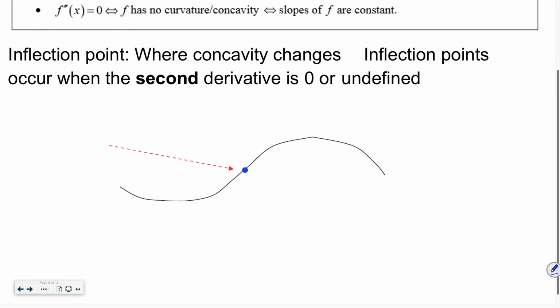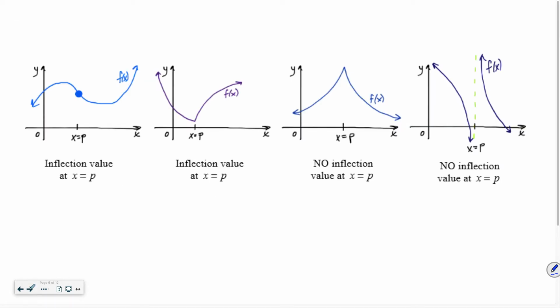Like x cubed, it has a critical point, but it did not turn out to be a minimum or maximum. Same thing, we could have places where our second derivative is 0 or undefined, but that doesn't mean it's going to be a point of inflection. So like we did yesterday, we're going to have to test for it.